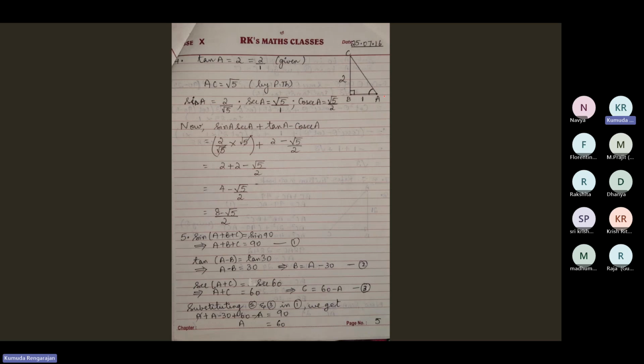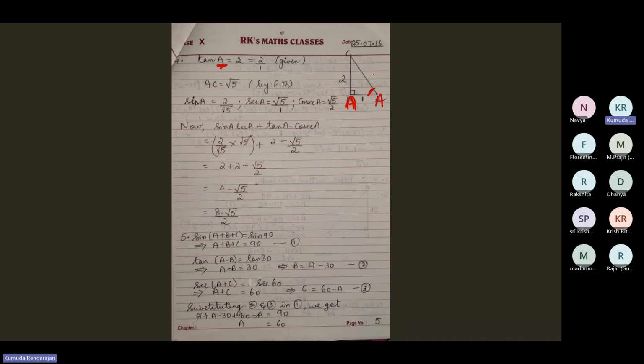See this triangle, I've named it ABC. Tan A meaning tan of angle A, this one. ABC is the right triangle. You have tan A, so you cannot mark A here, children. The angle here is not acute.